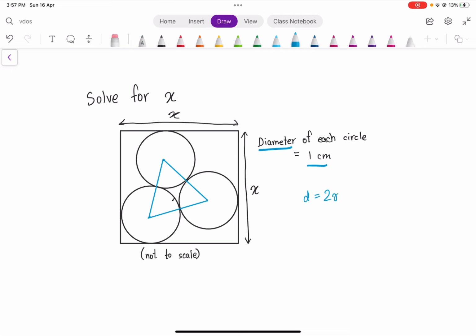So we can tell that each of the circles has the same radius. If each radius is the same, then the side length of each side in the triangle is 2 radiuses.